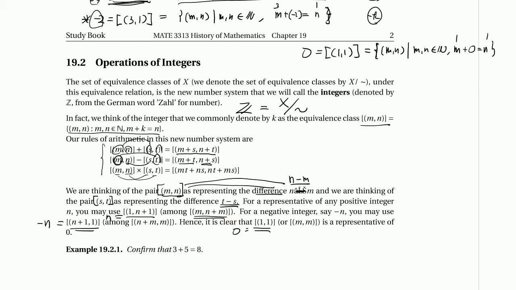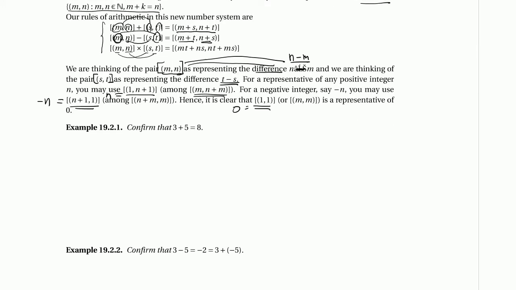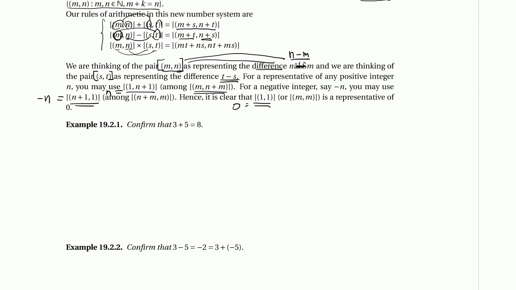Okay, then let's check how effective this new method is for calculation. Let's say 3 plus 5 equals 8. Now we have two different ways of looking at those numbers. 5 and 3 are sets, right? Using the previous chapter's notation, it's going to be really complicated.